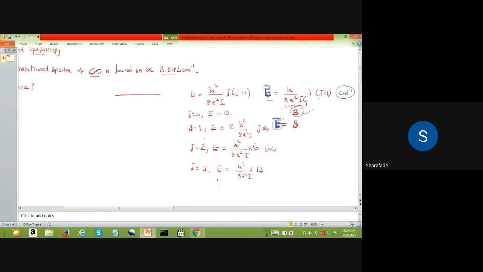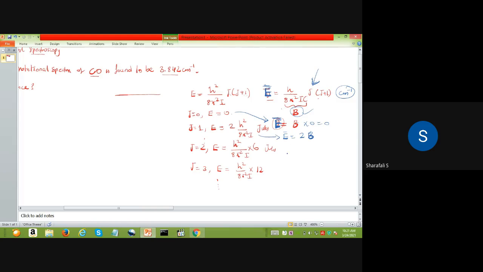So for J equal to 0, this will become B into 0, so this is 0. Then for J equal to 1, this is 2B. Just substitute J values equal to 0, 1, 2, 3, etc. in this equation.